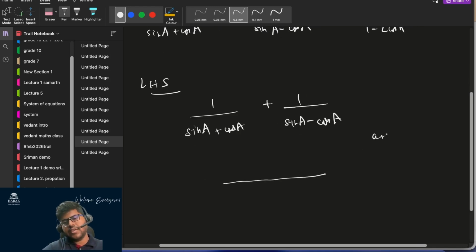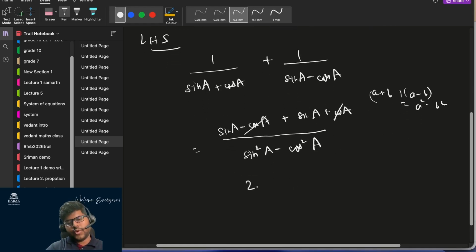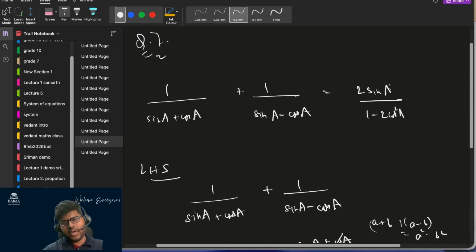Remember the identity (A plus B) times (A minus B) is A square minus B square. Following that identity, I got sine square A minus cos square A in the denominator, and in the numerator I got sine A minus cos A plus sine A plus cos A. That part got cancelled, and in the numerator we got 2 sine A. So that is one part we have already covered.